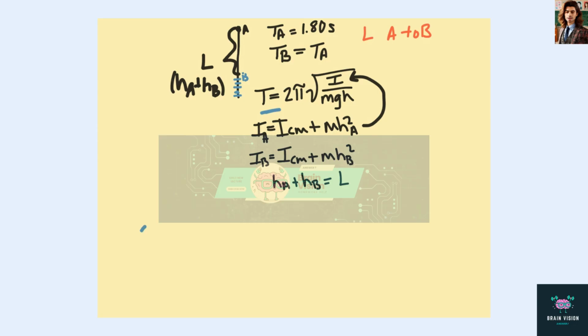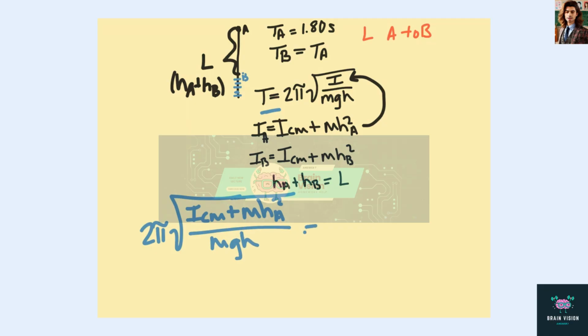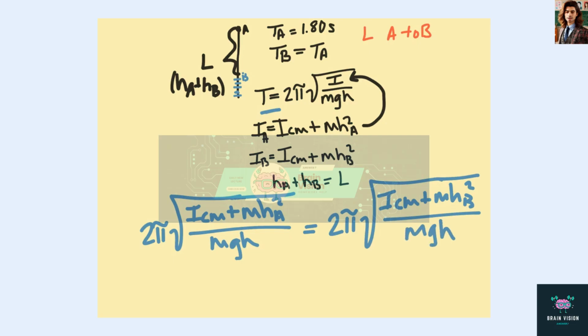So I'm going to have 2 pi times the square root of I center of mass plus M HA squared divided by MGH equals 2 pi the square root of ICM plus M HB squared divided by MGH.